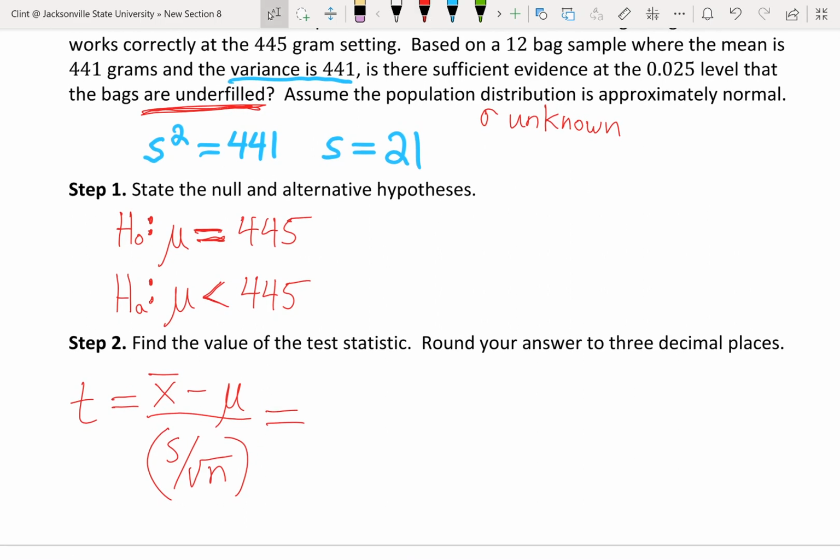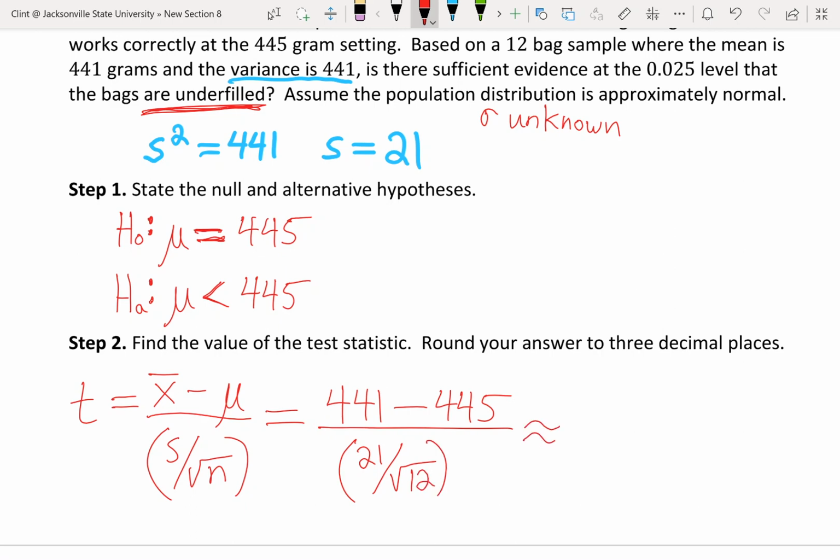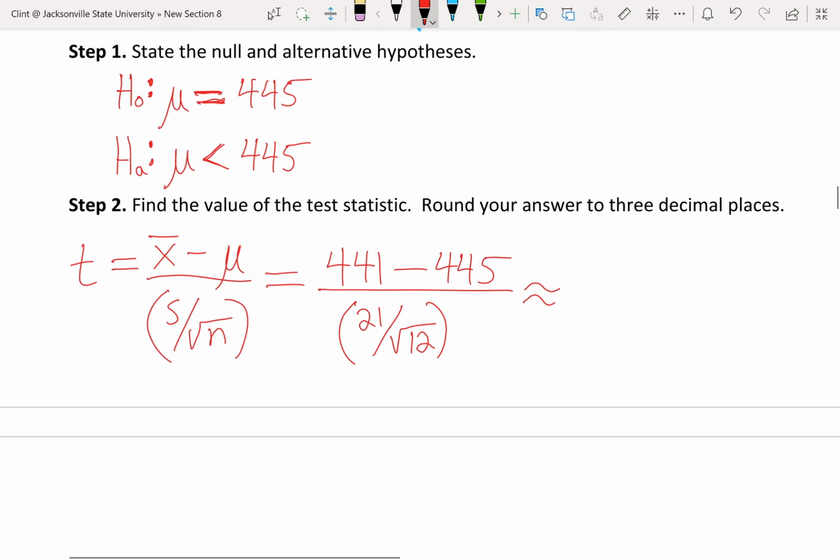This is based on a 12-bag sample where the mean is 441, minus the number in our hypotheses, 445, divided by our standard deviation, which is 21, over the square root of the sample size, which is 12. And since this one's a t, we're going to round to 3 decimal places. It tells us that.